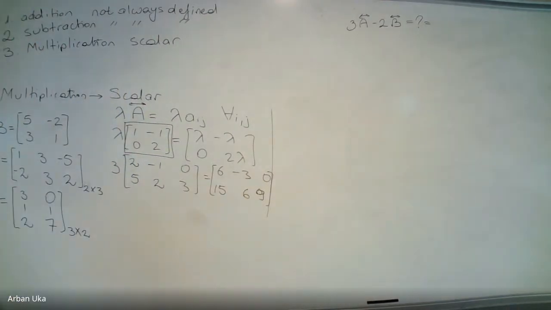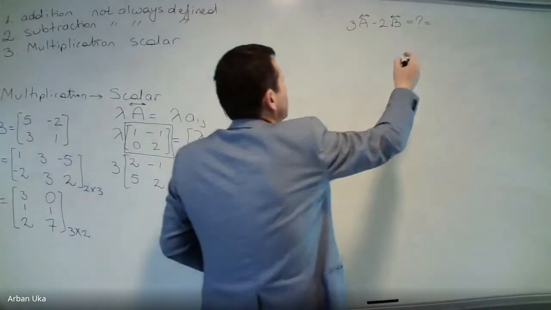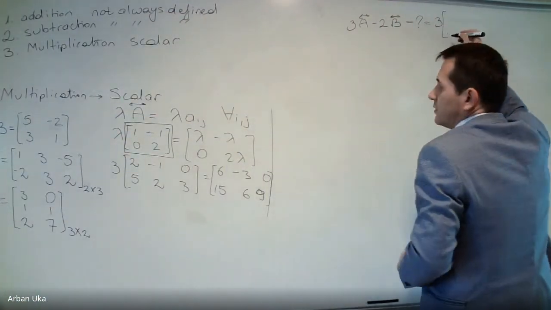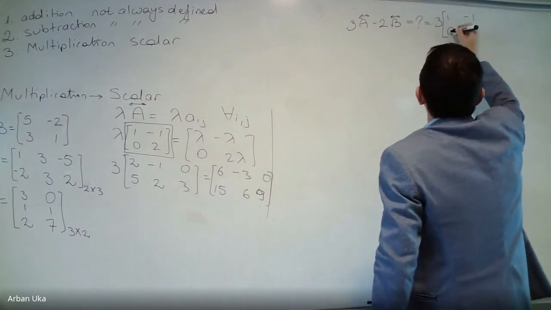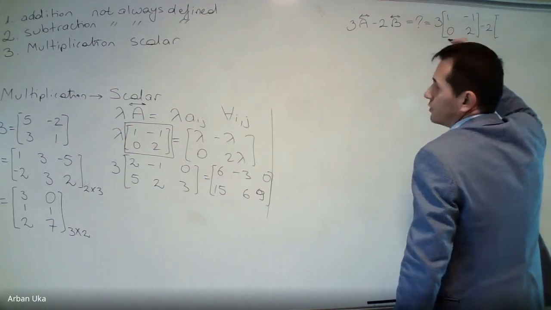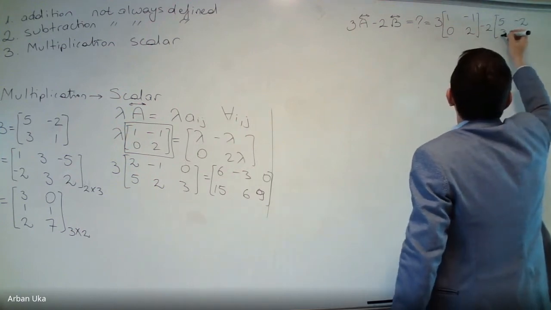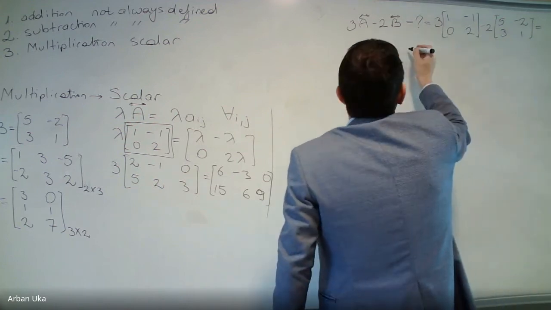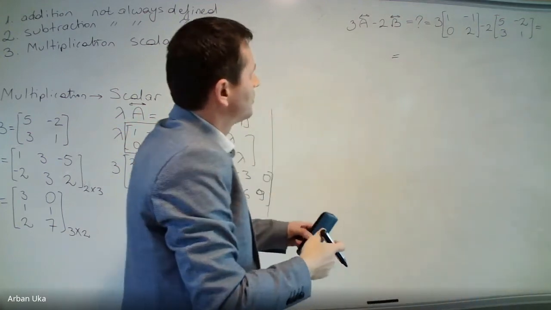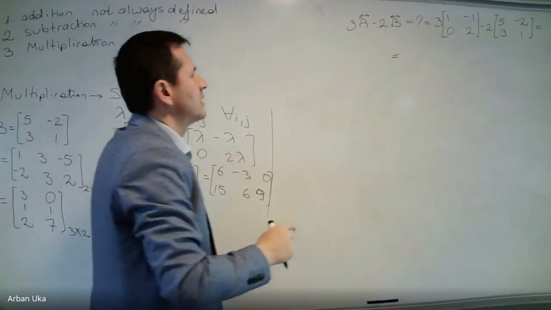For 3A, A is this one here, so we have 3 times 1, minus 1, 0, 2, minus 2 times 5, minus 2, 3, 1. Again, we're just assuming that someone is constructing a polynomial where you don't have x and y, but you have matrices.